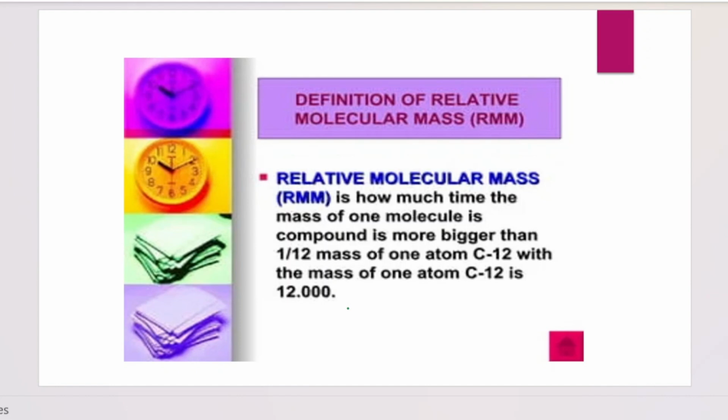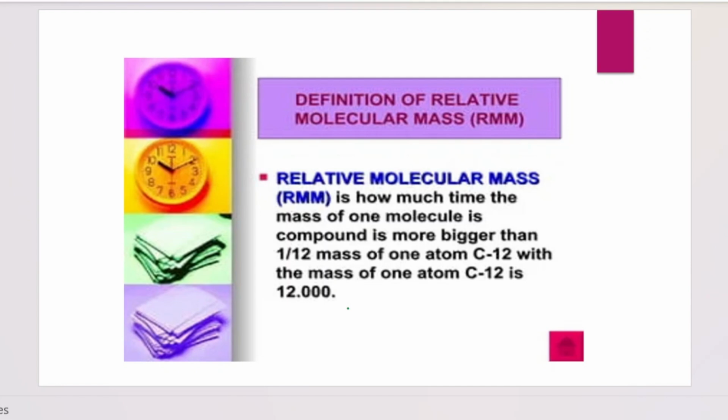What is molecular mass? Molecular mass means mass of a molecule. Now we can find the mass of a molecule by comparing it with 1/12 mass of C12. This is known as relative molecular mass, RMM.